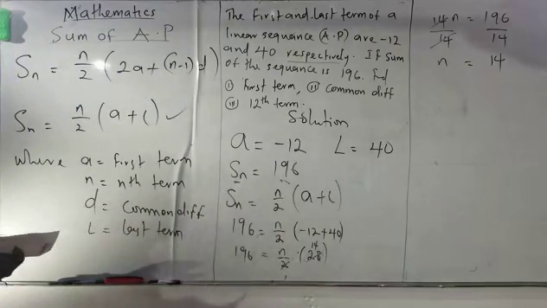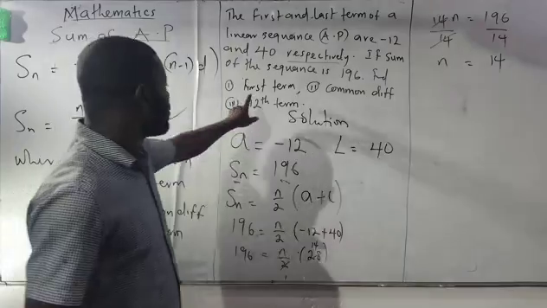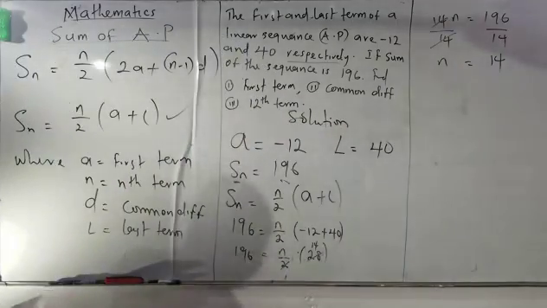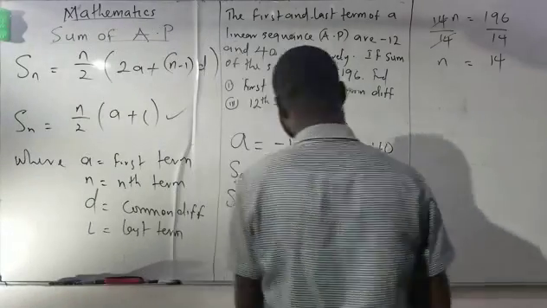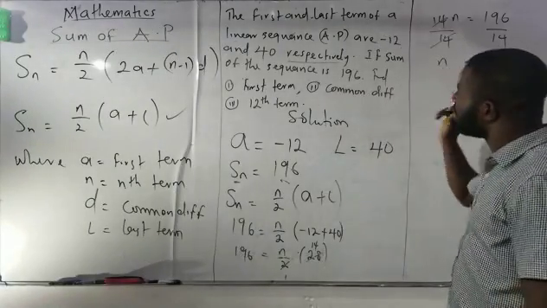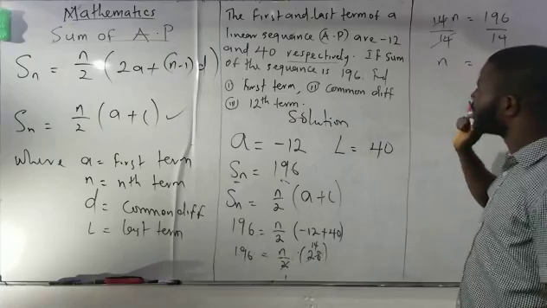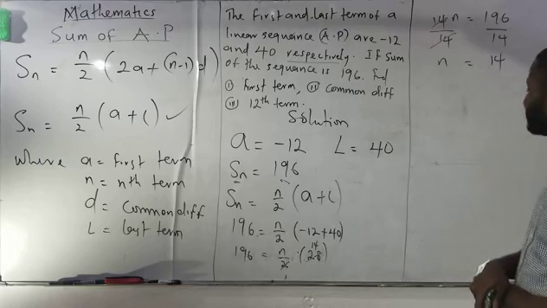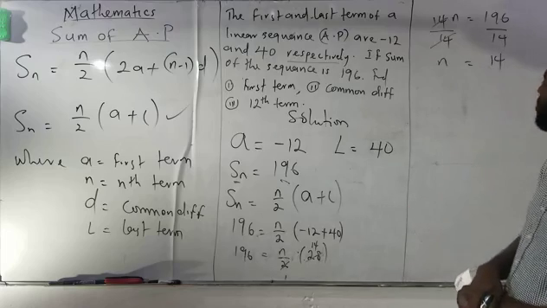Now, from here, we are looking for the first term, common difference, and nth term. Once I have my n to be 14, I can easily go on.